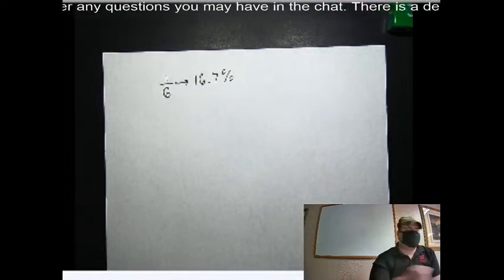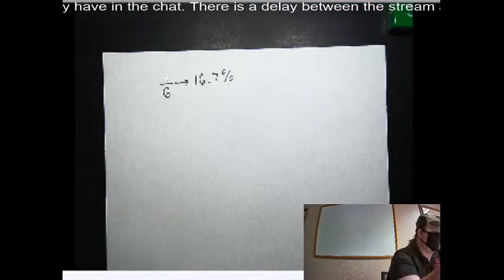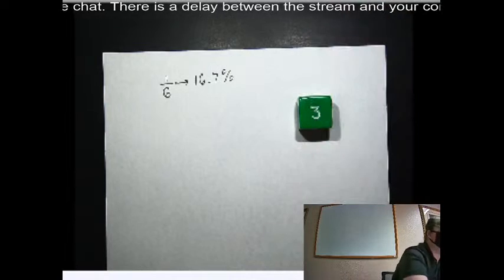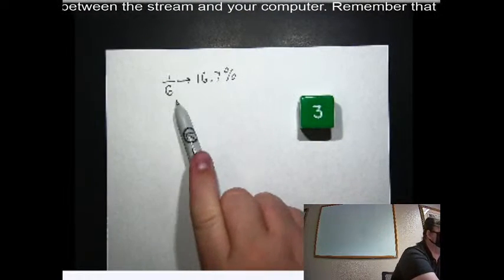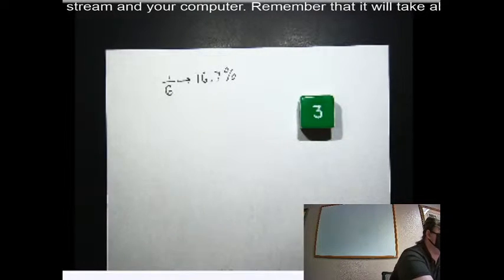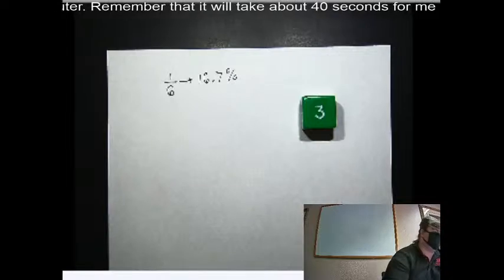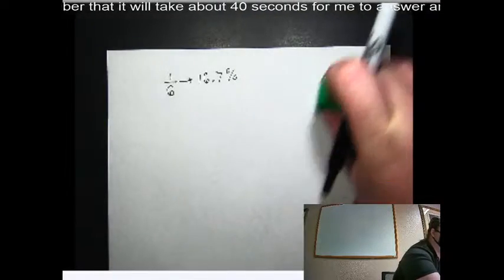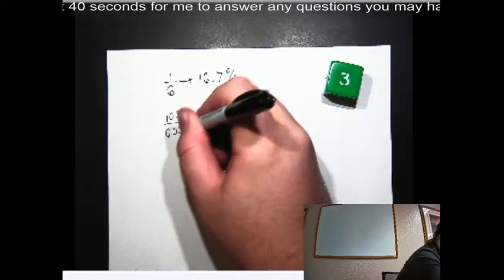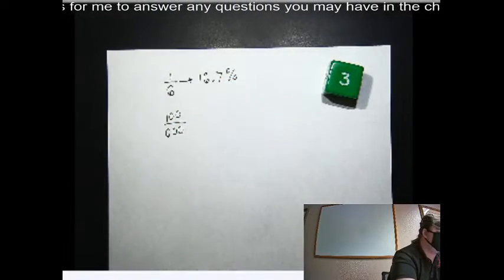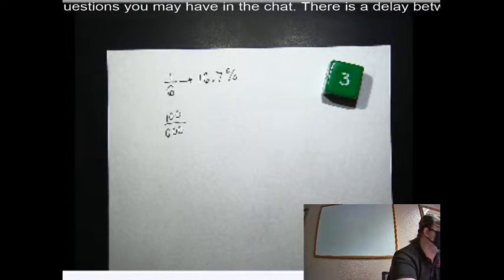I'm never guaranteed to get that outcome that I want, but as we roll this thing more and more times, it's going to tend to go towards this. So if I roll it 6 times, 1 out of those times might be a 3. If I roll it 600 times, about 100 of them will be a 3.